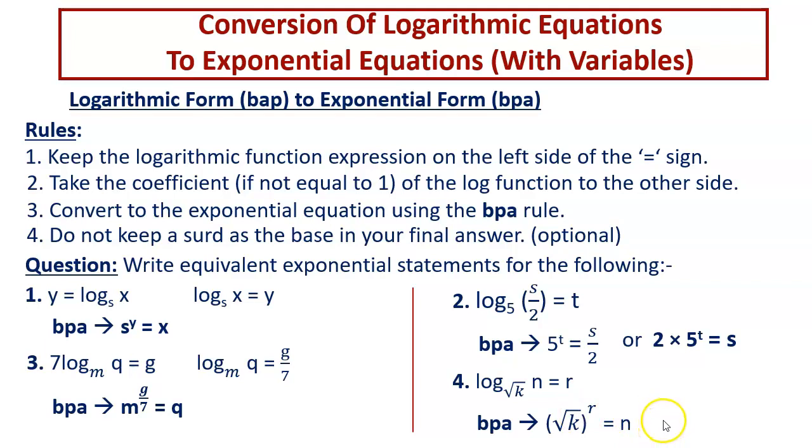So it will become k raised to the power of r equal to n raised to the power of 2. If you cannot write this step on your own, just forget about this step. You keep it up to this point. Okay? Do not make any mistake trying to convert it to this step.